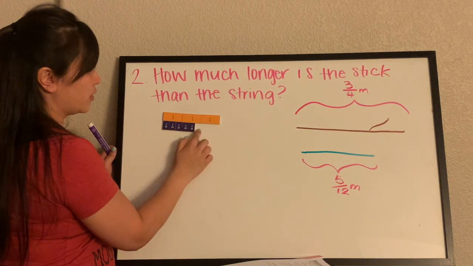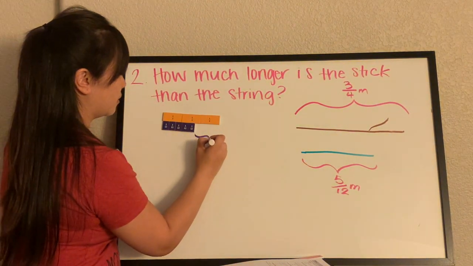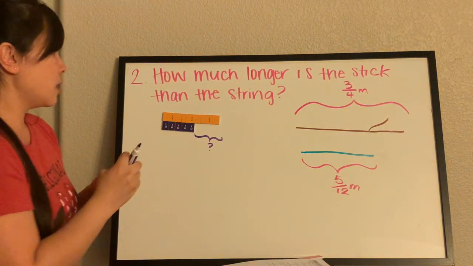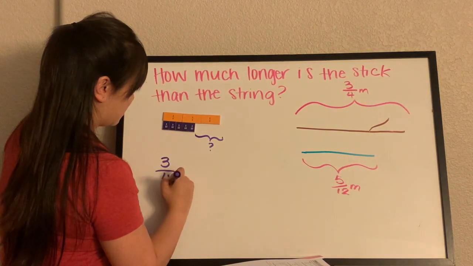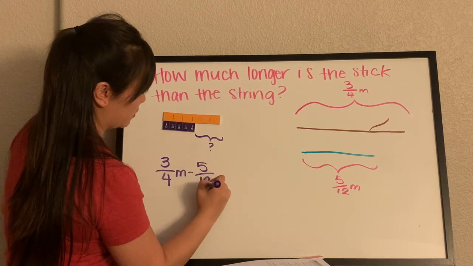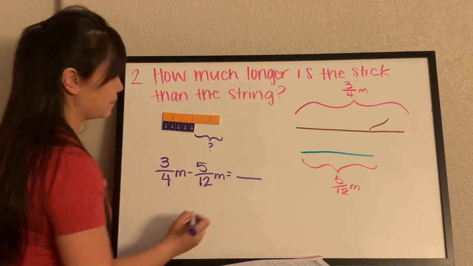So we're trying to figure out how much is right here, right? This part right here. What is that? Right? So 3/4 meter minus 5/12 meters equals what? Right?